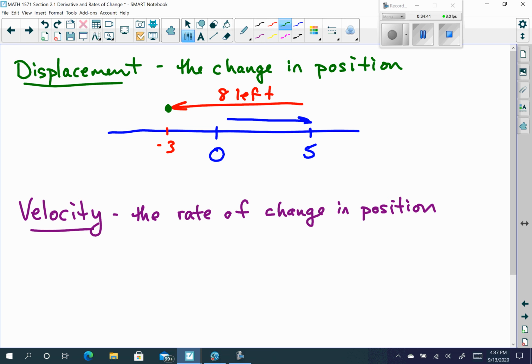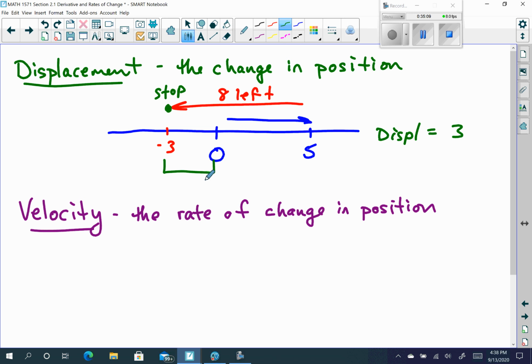Our displacement is actually only 3. It's how far we were from our original position. So our displacement is right here. We are just 3 units from where we started. It doesn't matter our total trip, it just matters our final destination compared to our initial spot where we started. So our displacement is just the change in position.